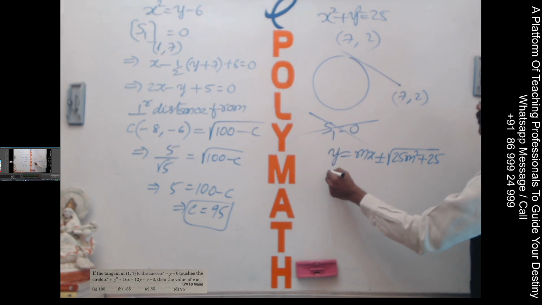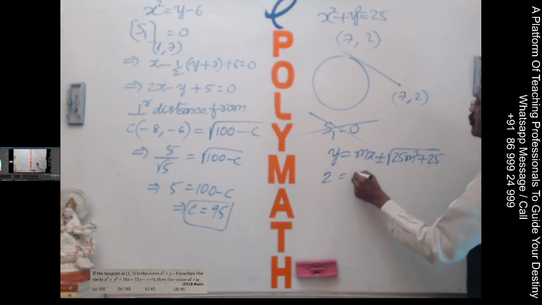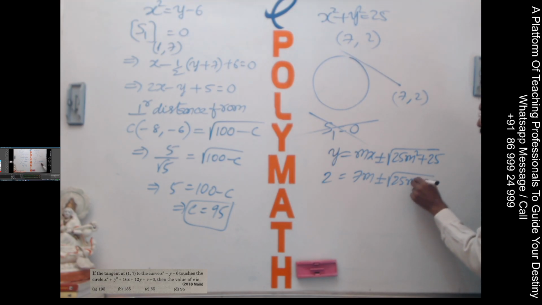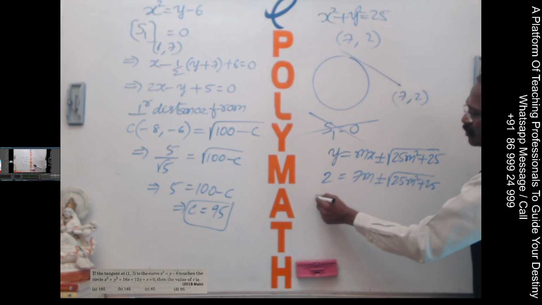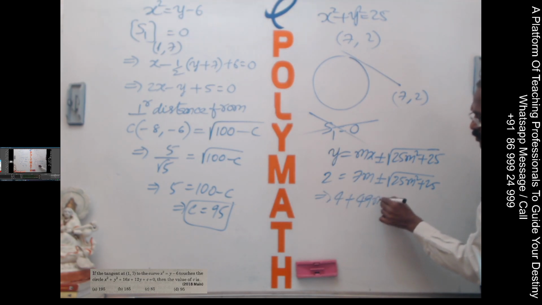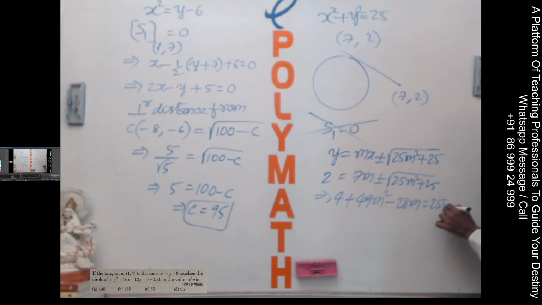But it passes through 7, 2. So, 2 is equal to 7m plus or minus root over 25m square plus 25. Square it: 2 minus 7m, 14, I am squaring it, minus 28m is equal to 25m square plus 25.